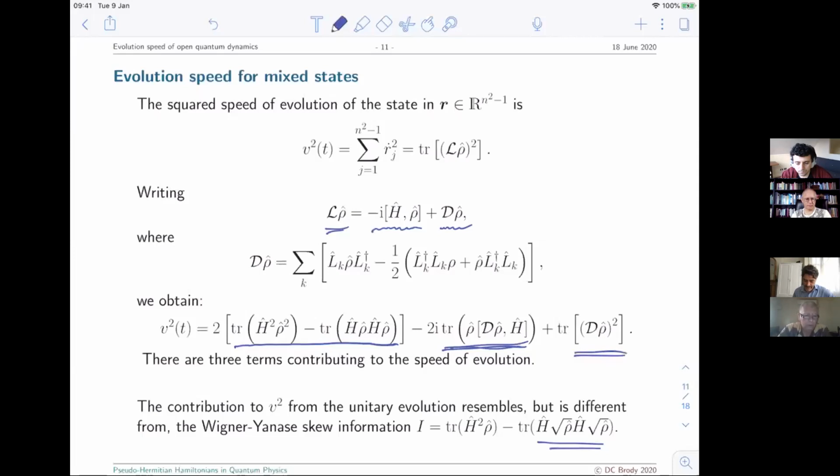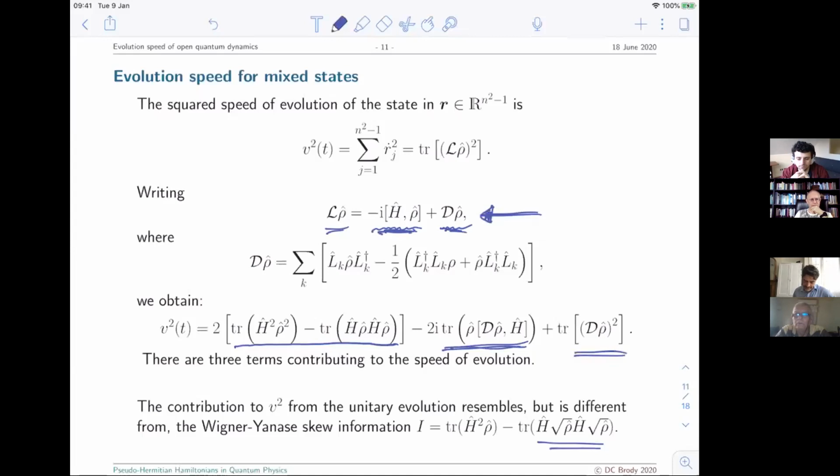But coming back to this representation, basically, in R^(n squared minus 1), this Euclidean space, the squared velocity amounts to the squared length of the sum of two vectors, the unitary direction vector and the displacement direction vector. And therefore, if we want to maximize the speed of evolution, this can be done by minimizing the angular separation between the unitary motion and the Lindblad motion, or displacement.